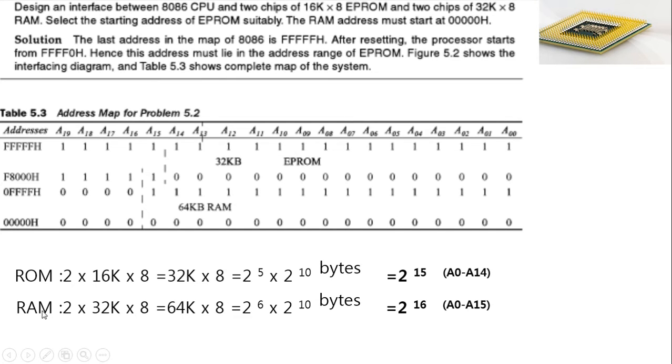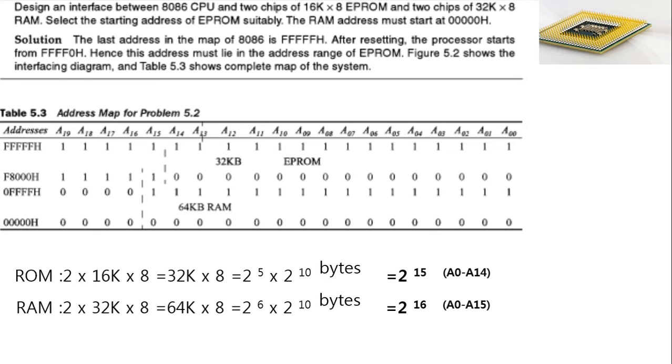And for RAM, each RAM unit has a size of 32K by 8, and two such units are given. So 2 into 32K by 8 means a total of 64K bytes are available in our RAM address space, that is 2 raised to 16 bytes. 64K means 2 raised to 6 into 2 raised to 10, that is 2 raised to 16 bytes available in our RAM space.